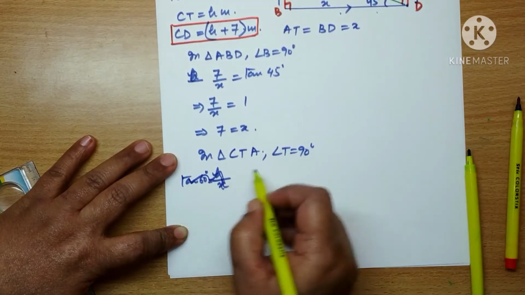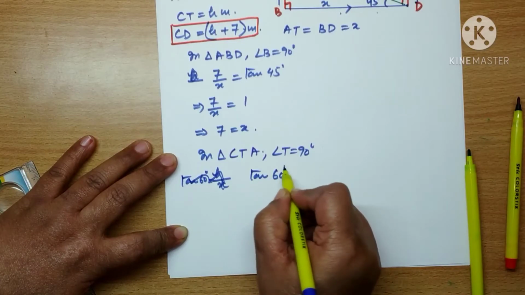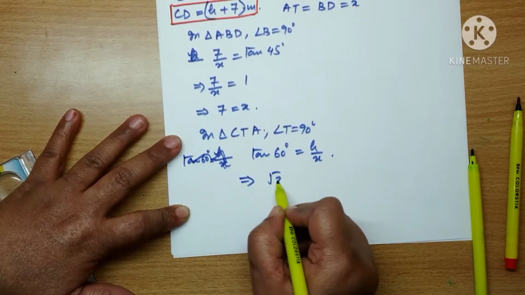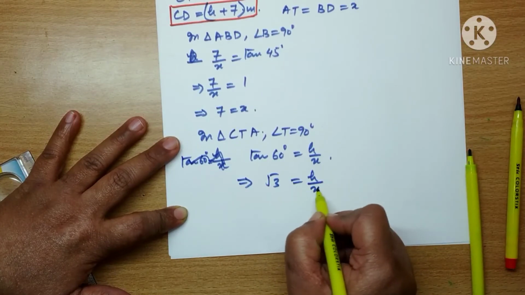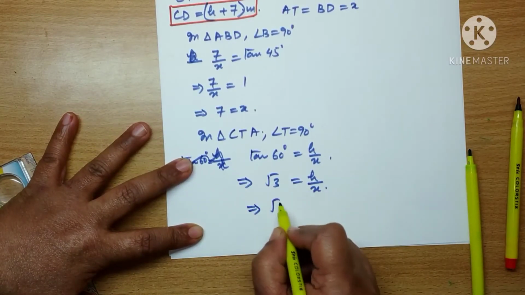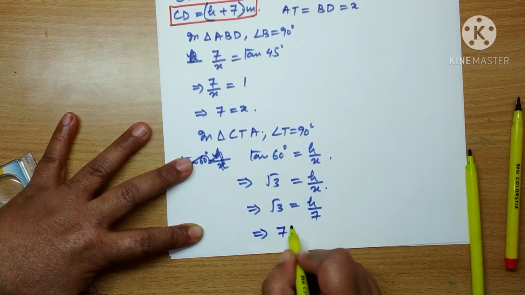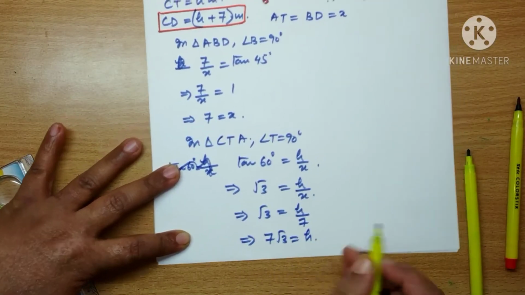Tangent 60, let me write it clearly. Tangent 60 is H upon X. So tangent 60 we all know is root 3, H upon X. X is 7, so H upon 7. So we get 7 root 3 is our H.